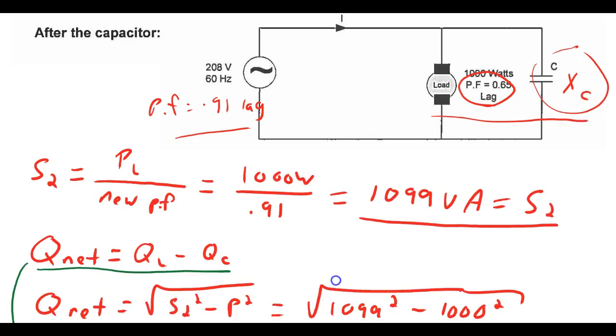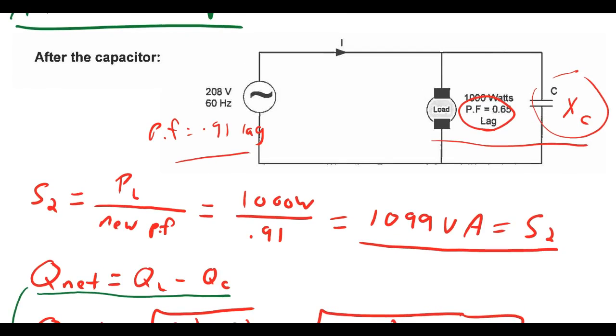Okay, now remember that QC is the reactive power of the capacitor here, and we have not calculated the current here. This is a parallel circuit, so the current into the load and the current into the capacitor will be different. It will not be equal to the circuit current over here.